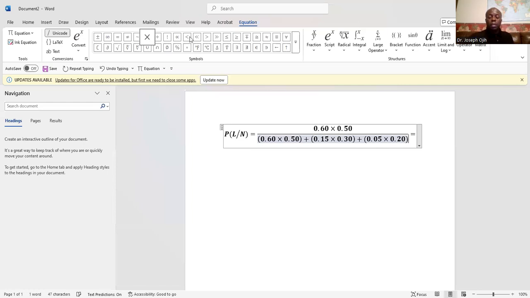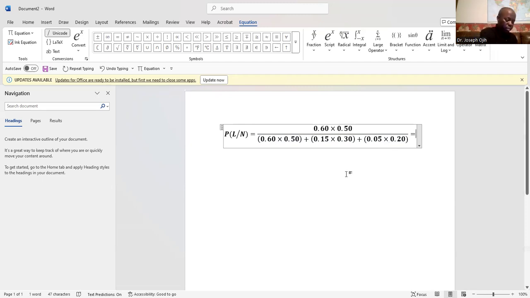So that will give us the answer. Let me just double check it again. No purchase given light, which is 0.60, times probability of light, which is 0.50. And that's repeated here. No purchase given medium, 0.15 times the probability of medium. Heavy, given no purchase, 0.05 times probability of heavy.